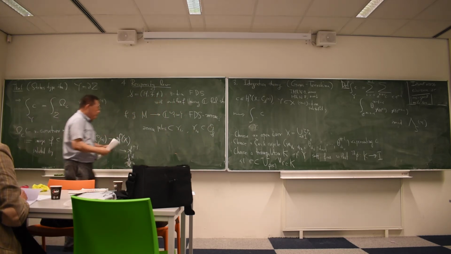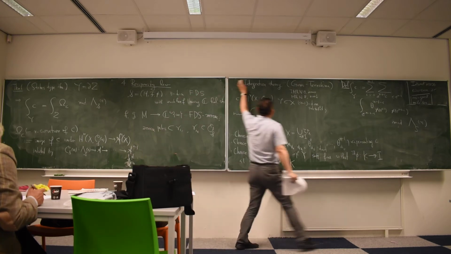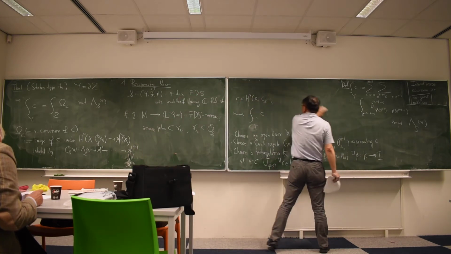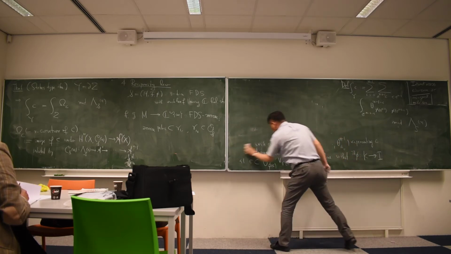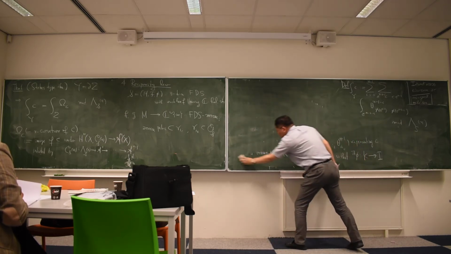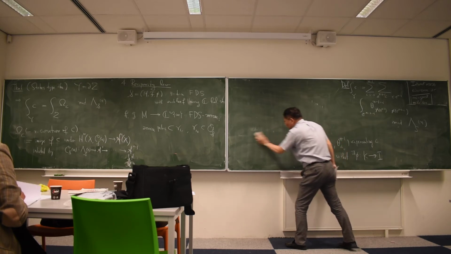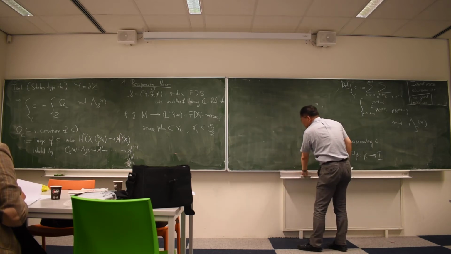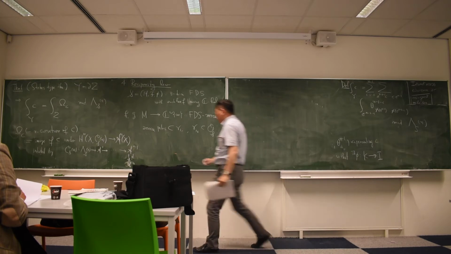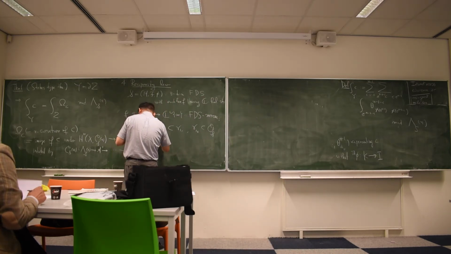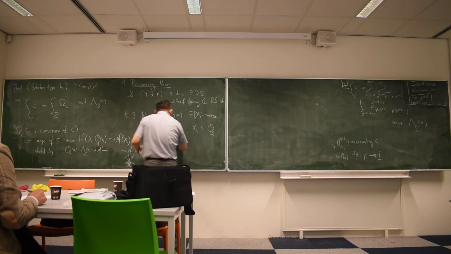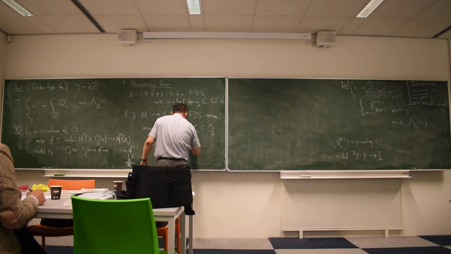Okay. Then we define Z to be the complement. We would like to define the first local symbol, the tame symbol, in this situation. So we define Z to be the complement in M of the union of the tube neighborhoods of gamma i.